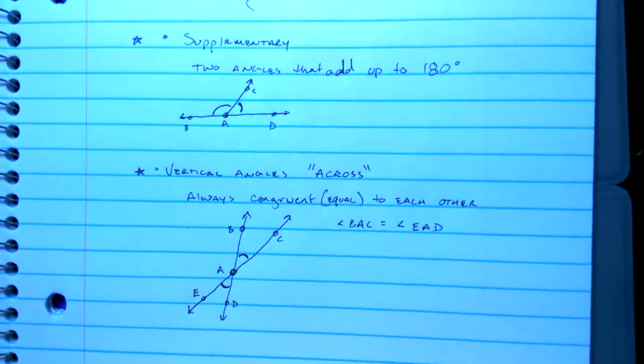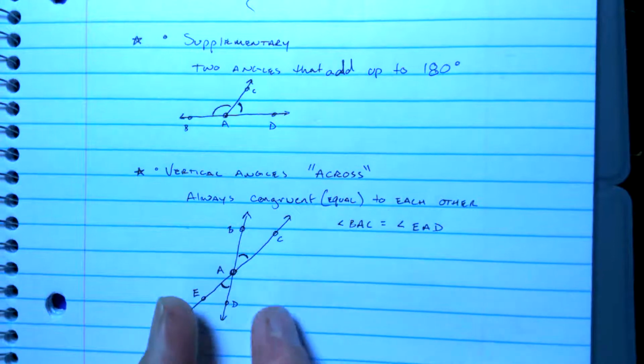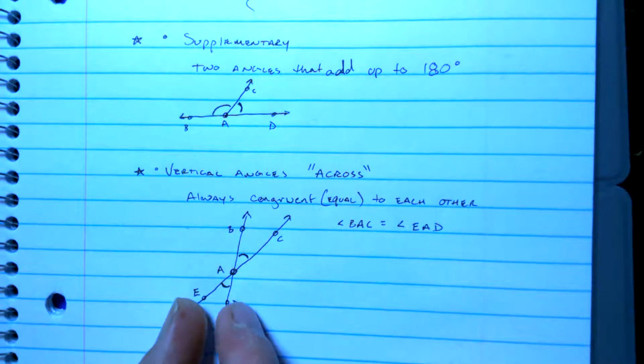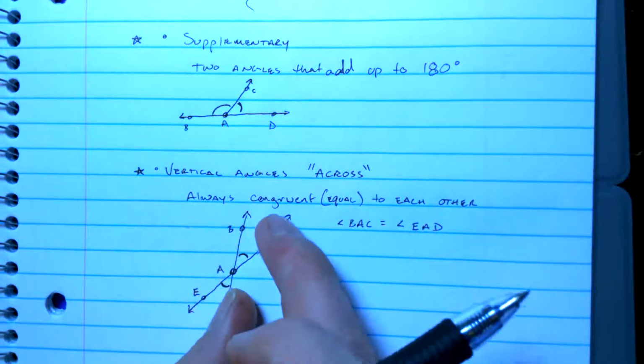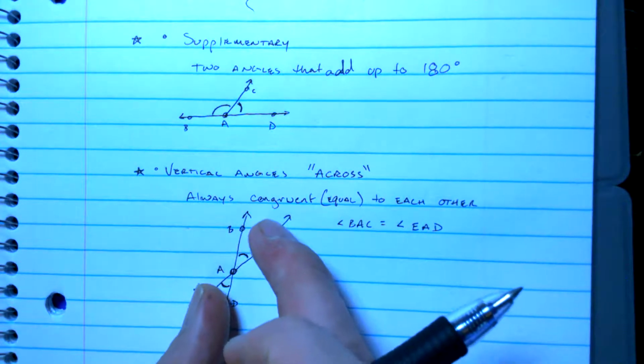A lot of times how I'll describe this in class is taking two yardsticks, and if you put them together in a crisscross pattern, no matter how you open or close them, it's always going to adjust and keep those opposite angles congruent to each other. It's like a big pair of scissors. If you squeeze these two together, or if you separate them apart, as these two move away from each other, so do these two at the same time. So these two opposite angles here are going to stay congruent.